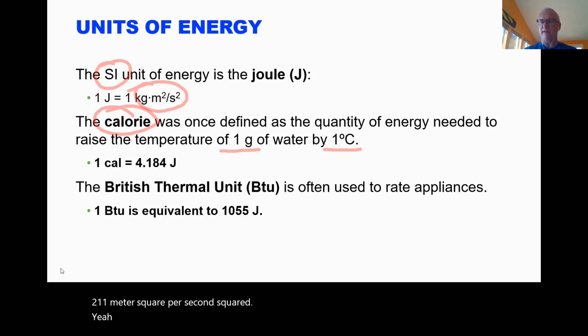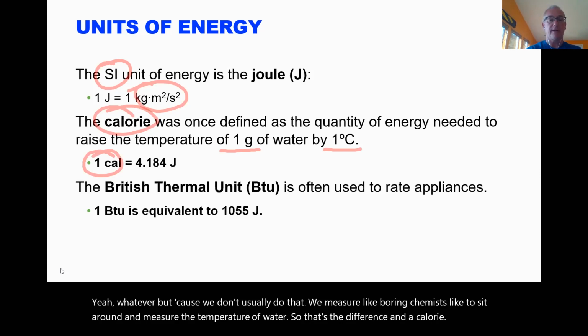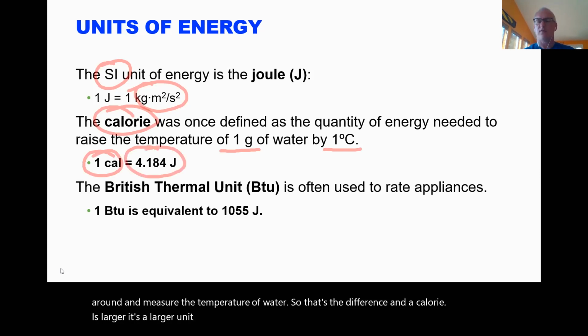But because we don't usually do that, boring chemists like to sit around and measure the temperature of water. So that's the difference. A calorie is a larger unit. It takes a little over 4 joules to make a calorie. And I'm afraid we're stuck with joules.